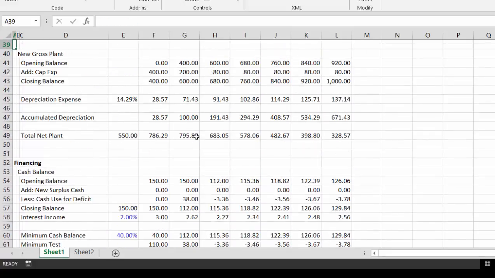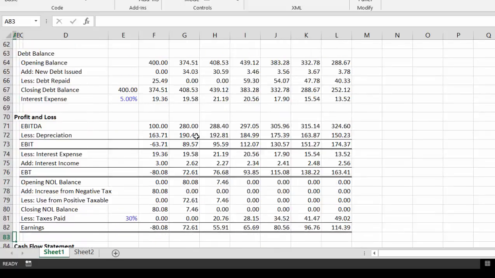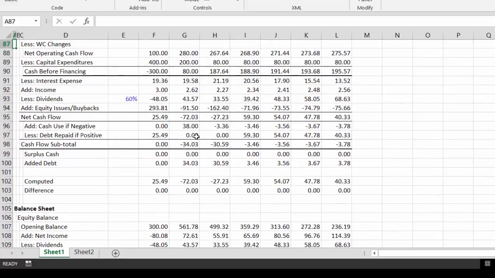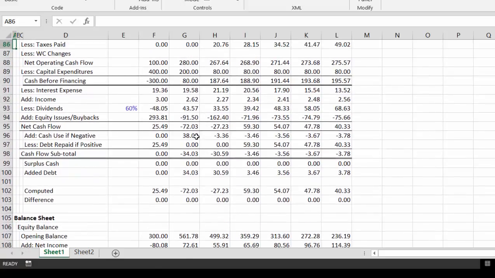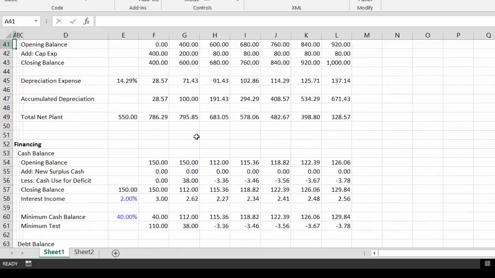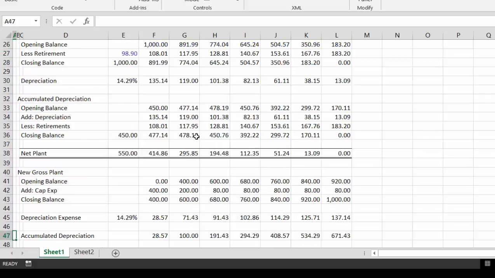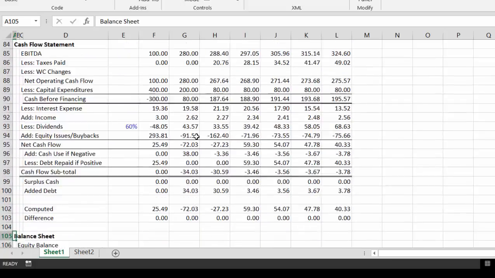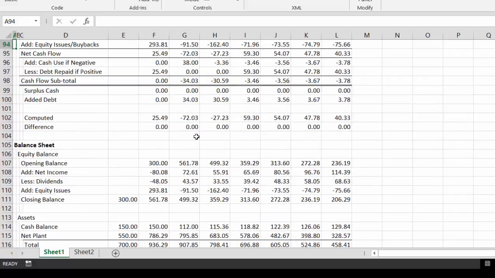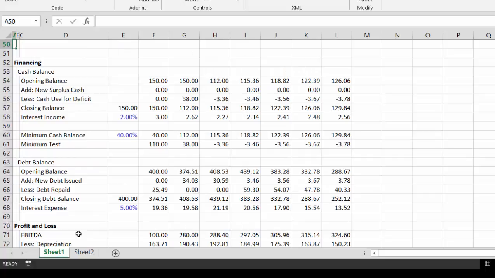But the key point is that you can get automatic capital structure to work. You can get a circular reference resolved. You can get the net operating losses fixed, and don't forget we put all that depreciation and expense together with the solver function.